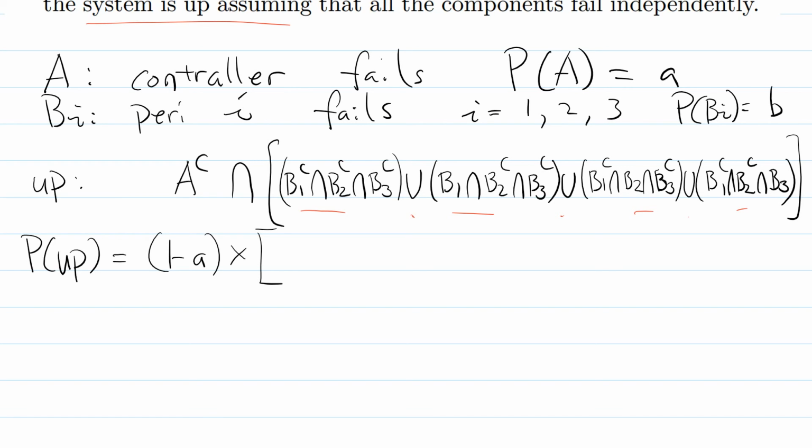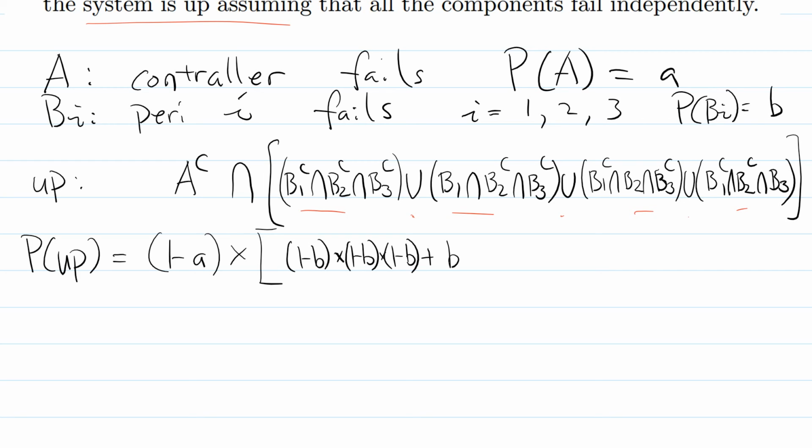The first situation is 1 minus b times 1 minus b times 1 minus b. And the union is plus, so here is plus.